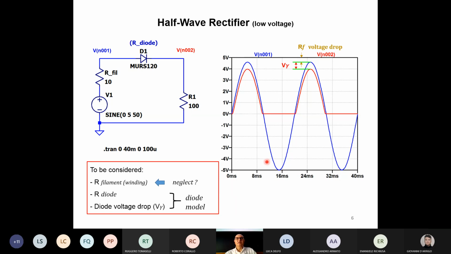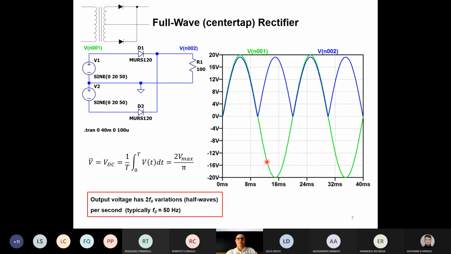So I think that we have seen most of this picture here. And I move to the next one, the full wave or center tap rectifier. Again, this is the schematic that we saw before. Now I simulated this schematic in this way.